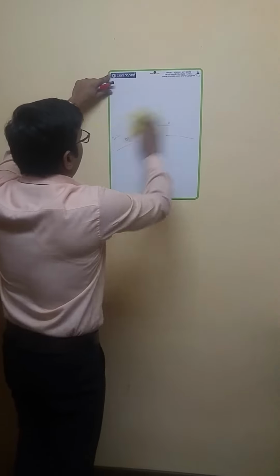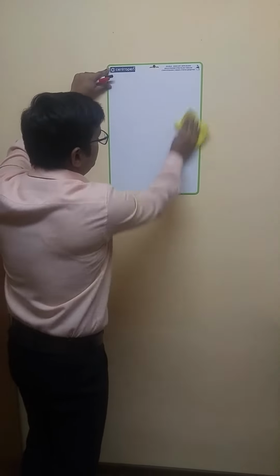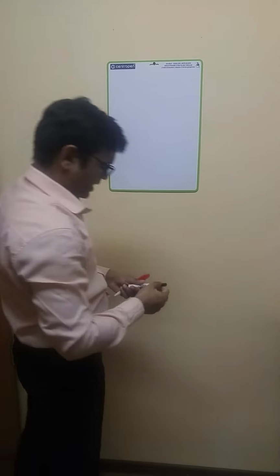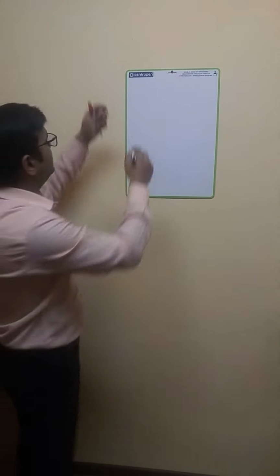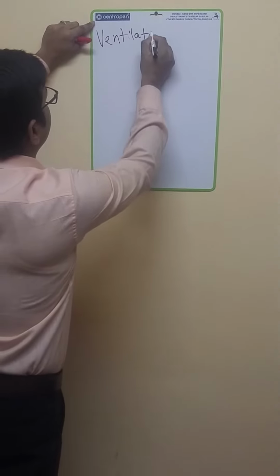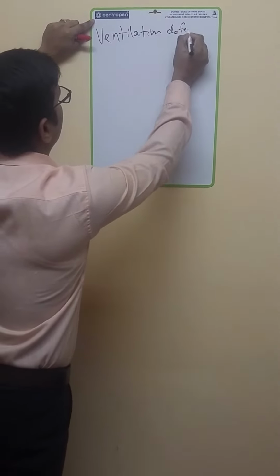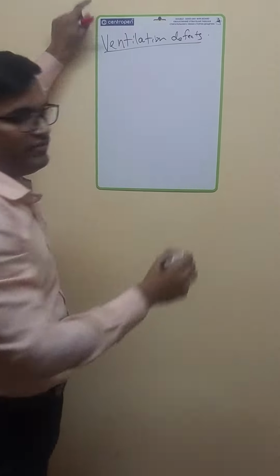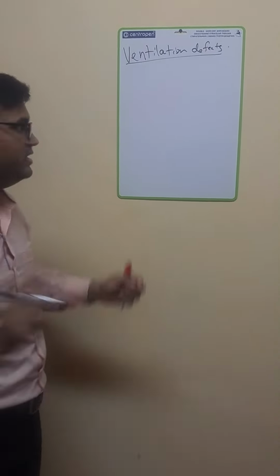Now friends, I explained what is ventilation, what is perfusion, and what is diffusion defect. Now a simple review. Ventilation defects produce shunts.